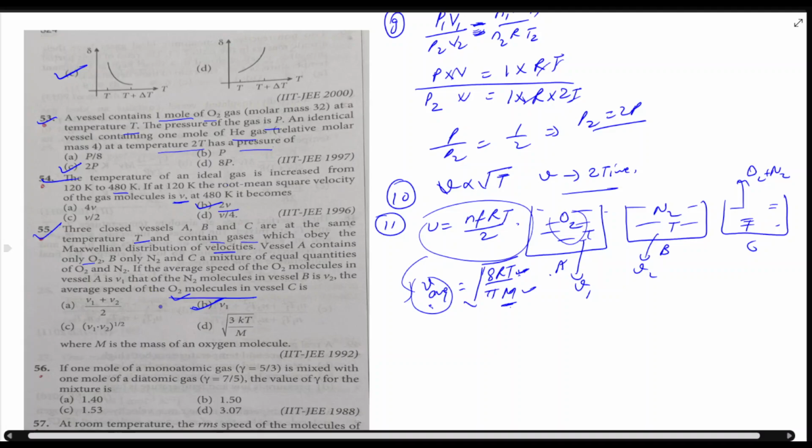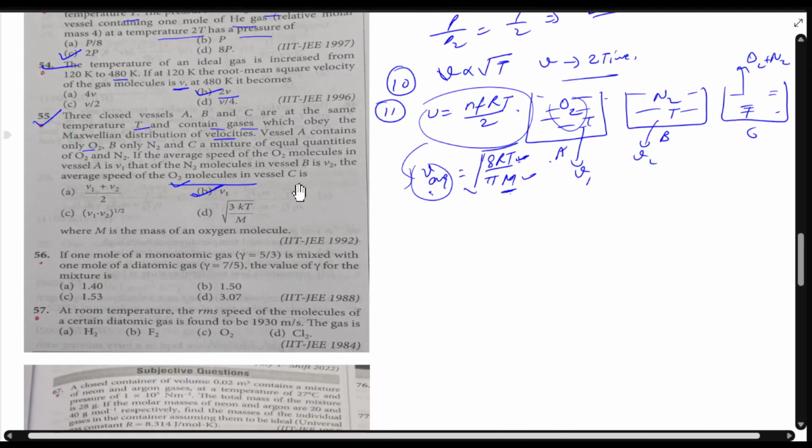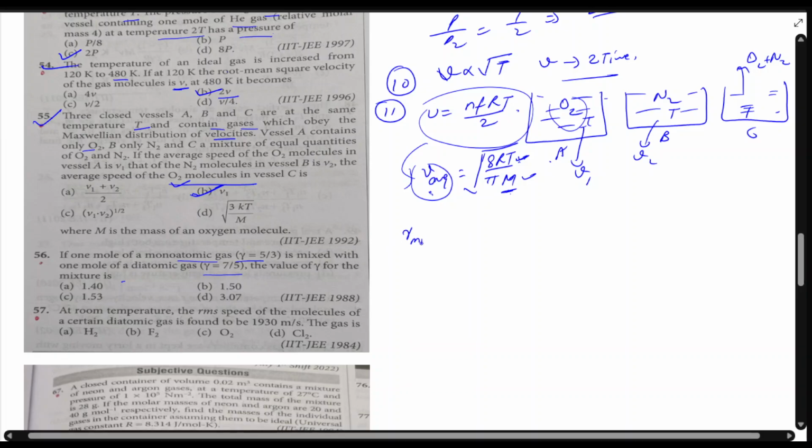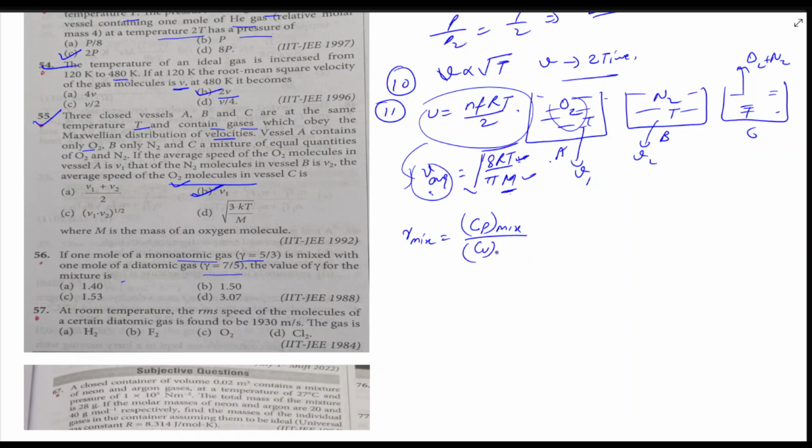Let's move on to our 56th question. So we have a monoatomic gas of gamma this mixed with a diatomic gas of gamma this. Okay, so we have to find gamma of the mixture. For gamma of the mixture, we need to find Cp of the mixture upon Cv of the mixture, right? How will we find it?